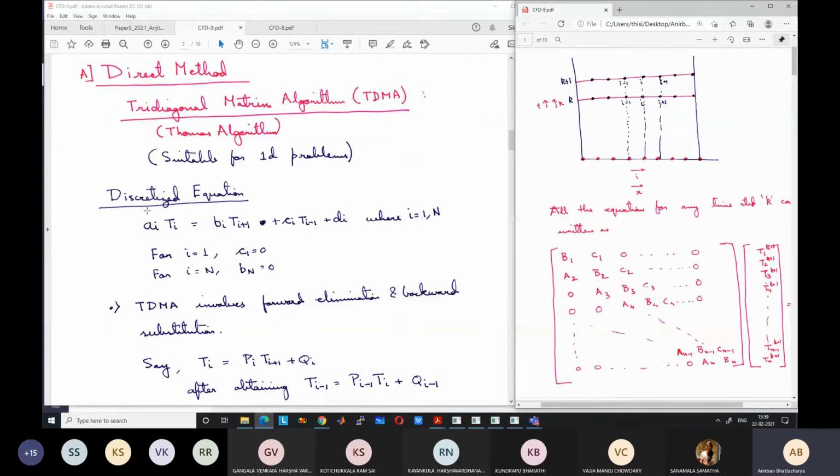If this is a 2D problem, then we will also have two more variables for the other direction. But because it is a 1D problem, any grid point value depends on its two neighboring grid point values.